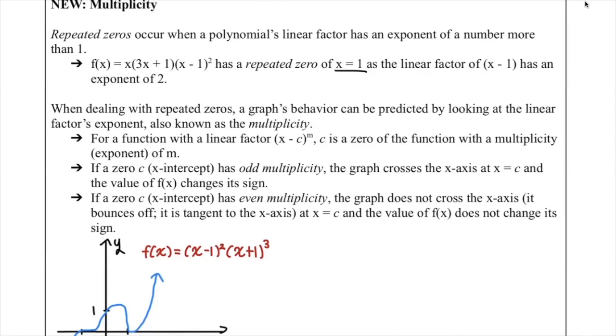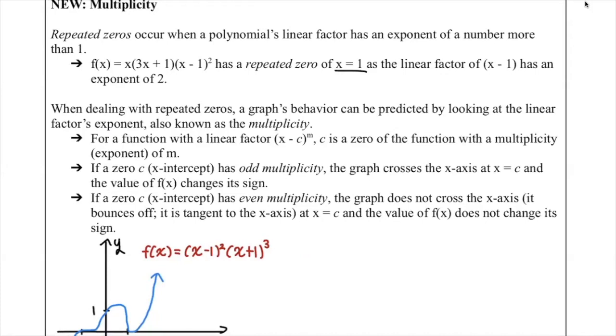For a function with a linear factor x minus c to the power of m, where c is a zero of the function with multiplicity m, if a zero c has odd multiplicity, the graph crosses the x-axis at x equals c, and the value of f of x changes its sign. If a zero c has even multiplicity, the graph does not cross the x-axis. It bounces off. It is tangent to the x-axis at x equals c, and the value of f of x does not change its sign.